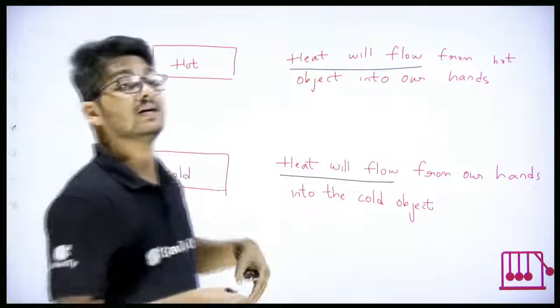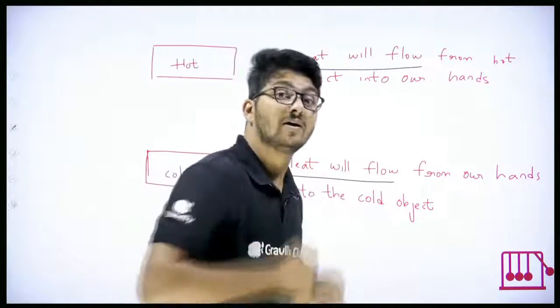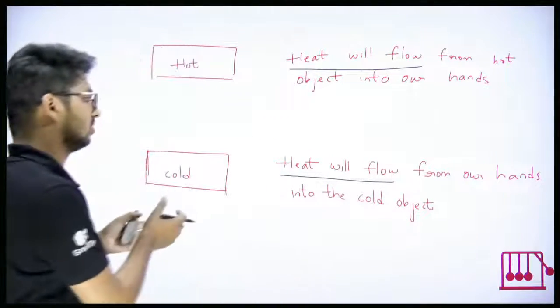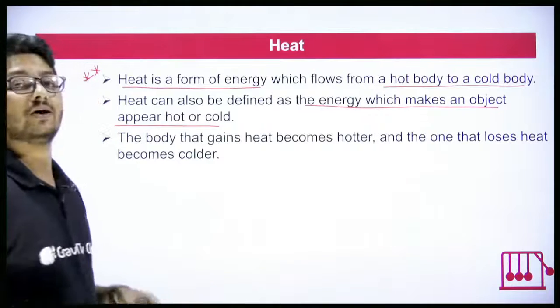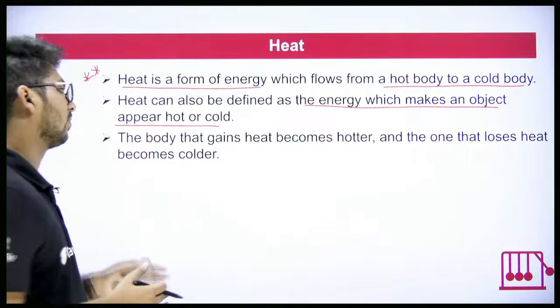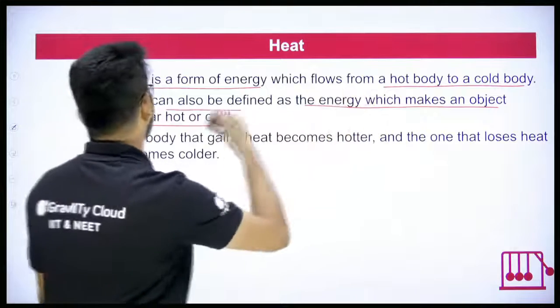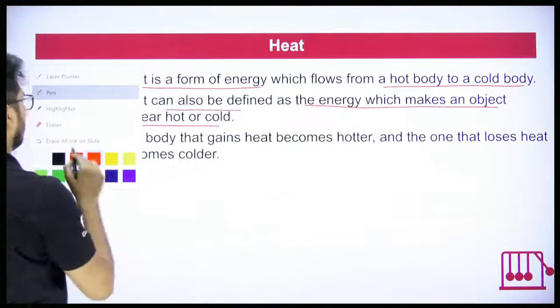But if heat goes from our body to the object, that means it is cold. So heat is what makes it appear hot or cold. So heat can also be defined as the energy which makes an object appear hot or cold.